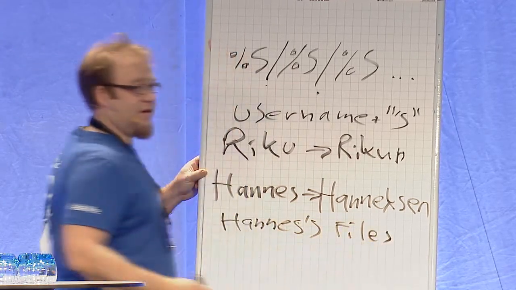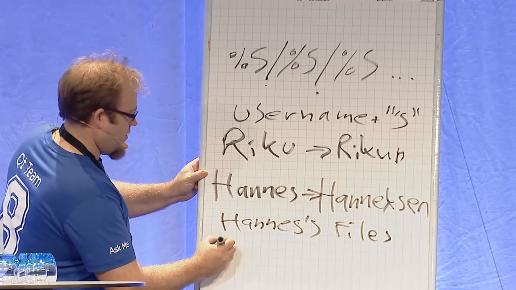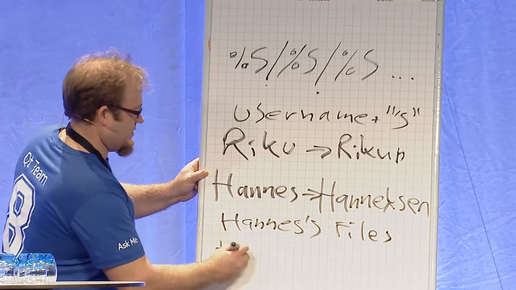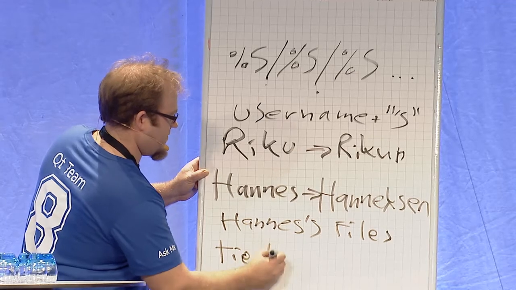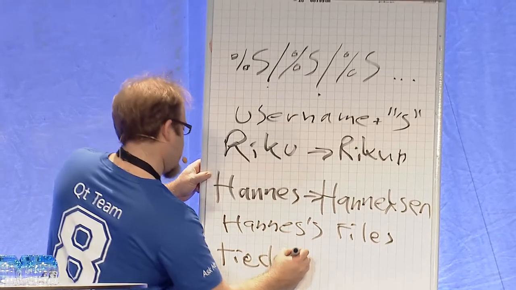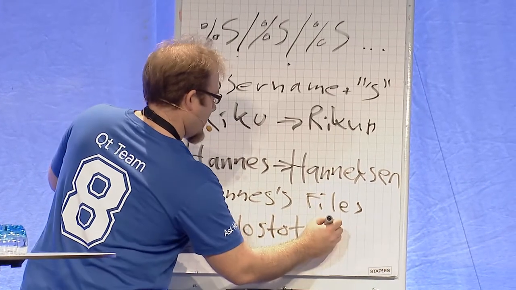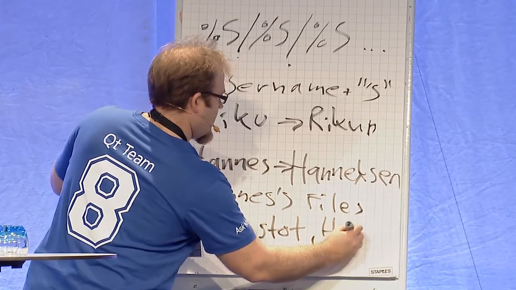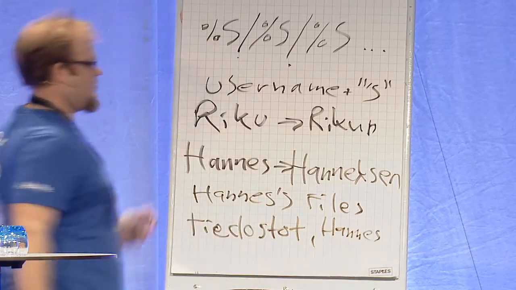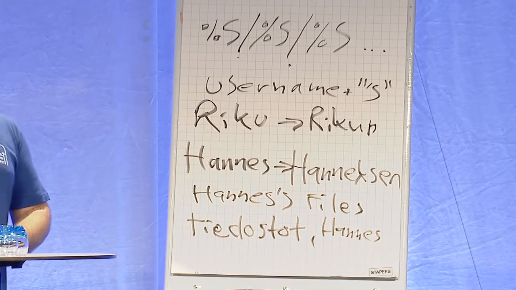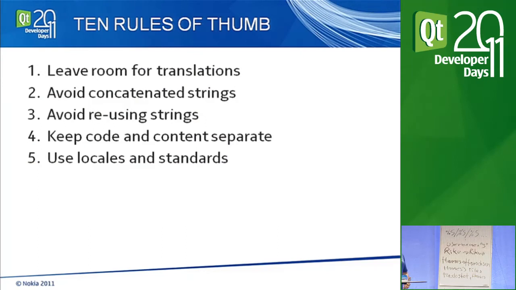When you look at it in the Finnish version, it says the word for file is tiedosto, which is a very long language, Finnish. So that's tiedostot, full stop, comma, and then Hannes. So we had to localize it like that. Then we can keep the word in the, what's that, the infinitive form or nominative form? So those kinds of things.